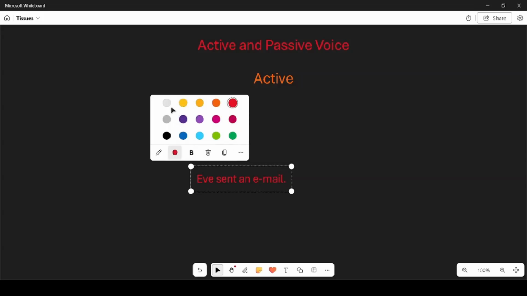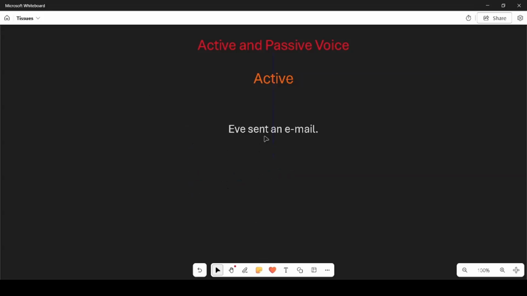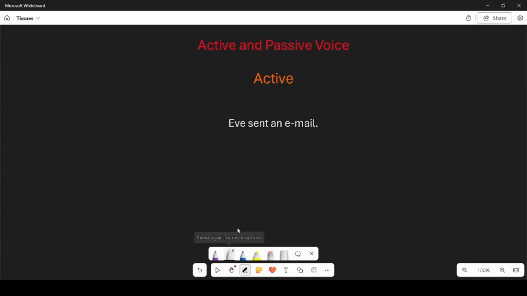So this is an example of an active voice sentence. Well, why is it an active voice sentence? As we have just discussed, when the subject is the performer or doer of the action, the verb is in active voice. So who is the subject in this sentence?